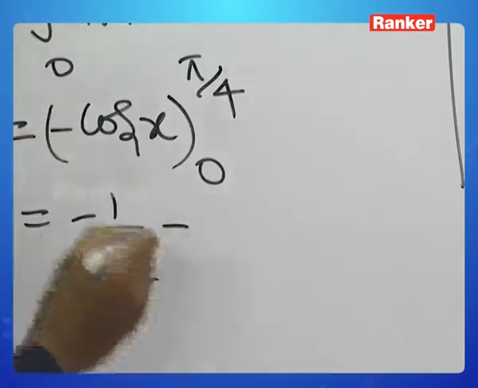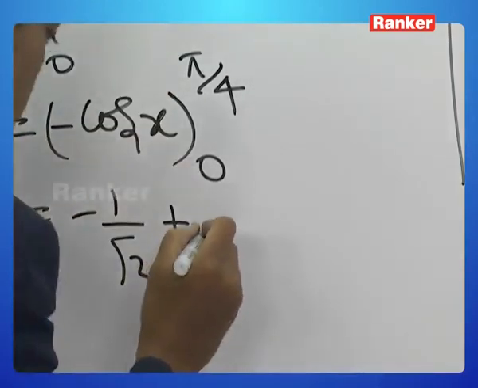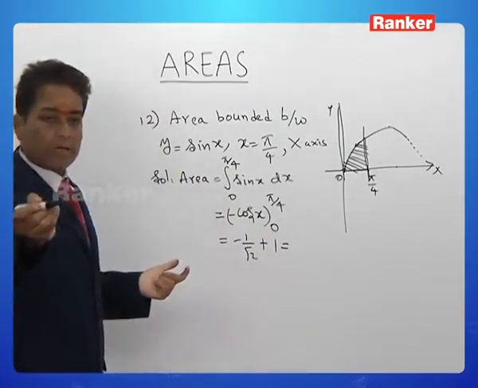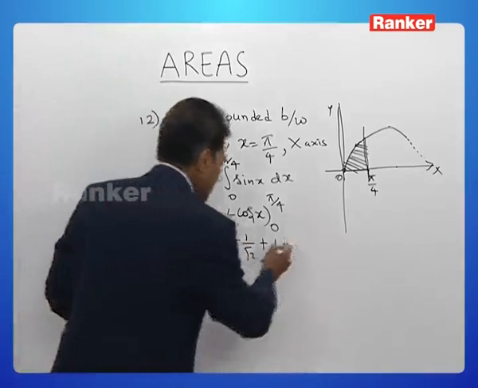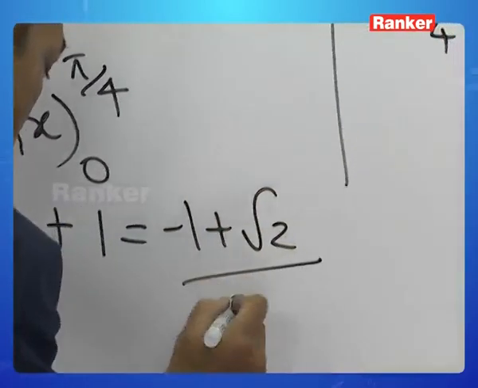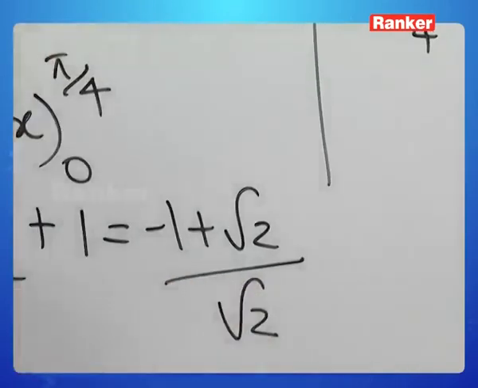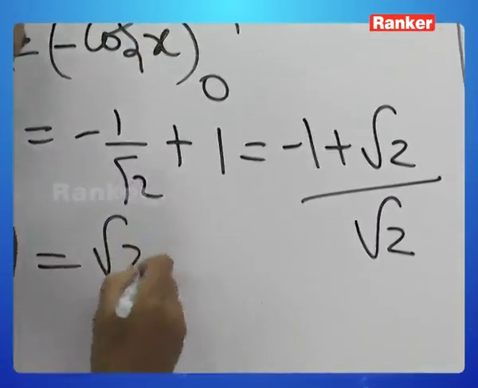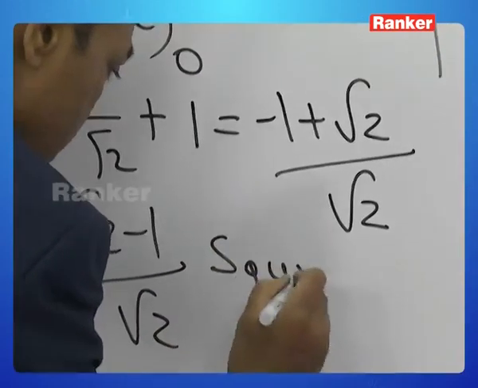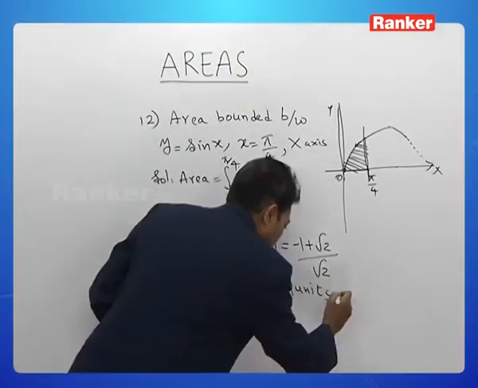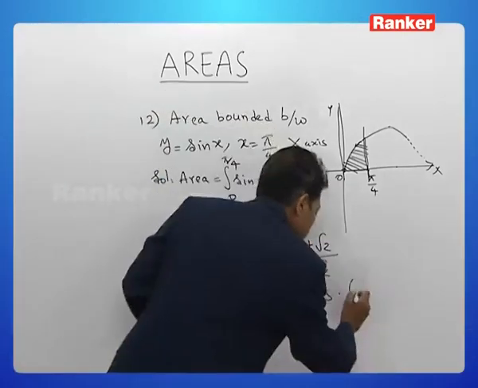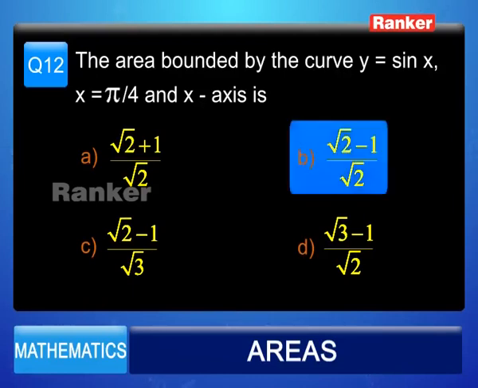Minus and minus, plus cos 0, that is 1. You can leave it like this, but according to the options, let us simplify. Take LCM. Minus 1 plus root 2 by root 2. It is nothing but root 2 minus 1 by root 2 only, square units. So what is the right option now? I think the answer is B. Answer is B.